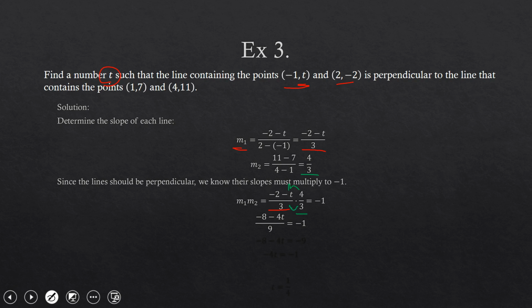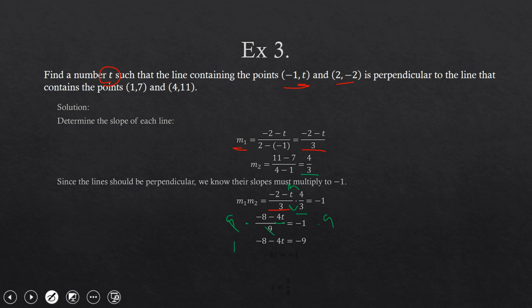So we have 4 times -2, which is -8. 4 times -t, which is -4t. And 3 times 3 is 9. And we're going to go ahead and multiply both sides by 9. That cancels with that 9. That gives us -8 minus 4t equals -9.